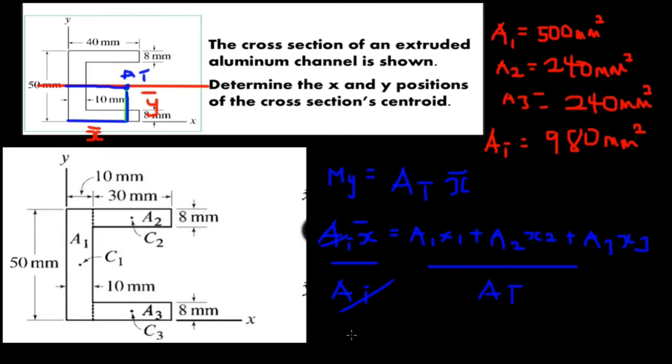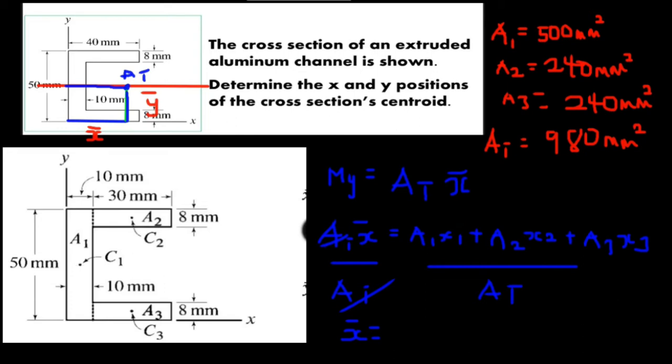So I have my x bar equal to area 1, which is 500, times x1. We don't know the x1, so we are going to find the x1. So the x1 will be the shortest distance from area 1 to the y-axis.